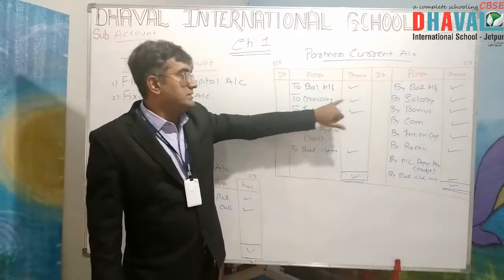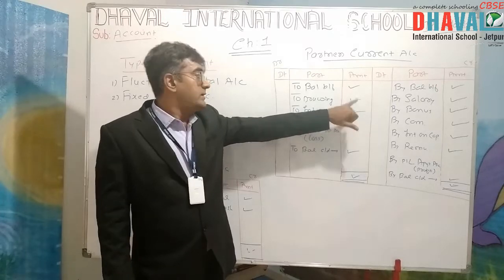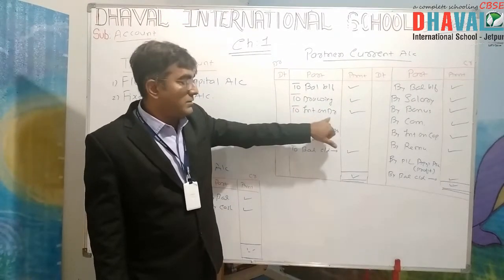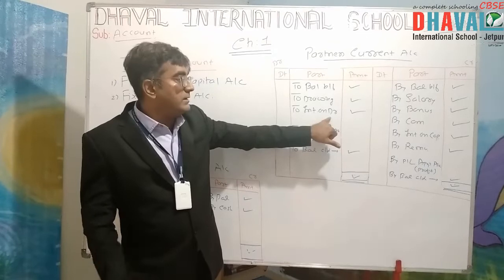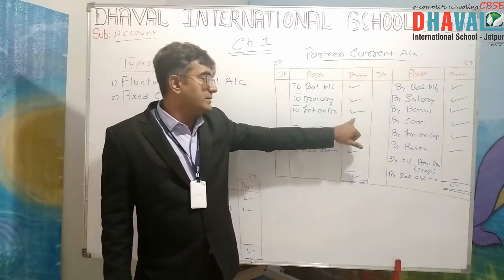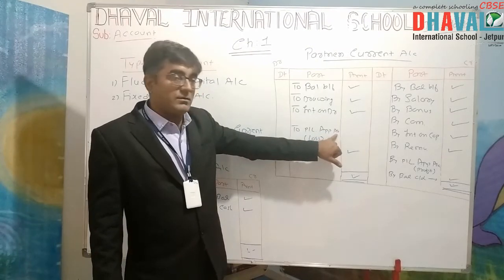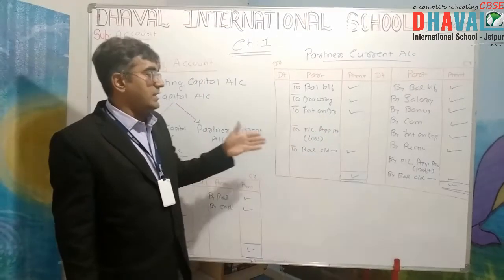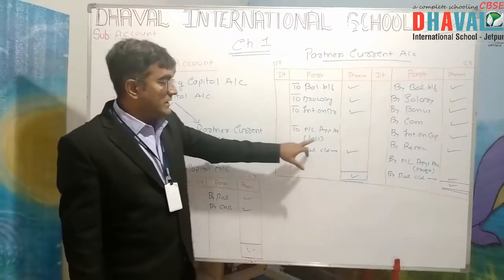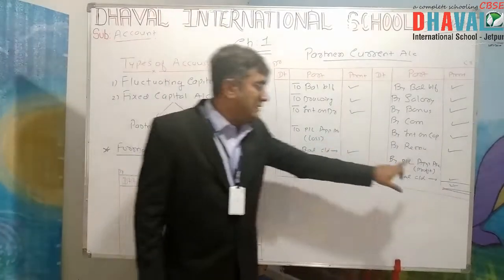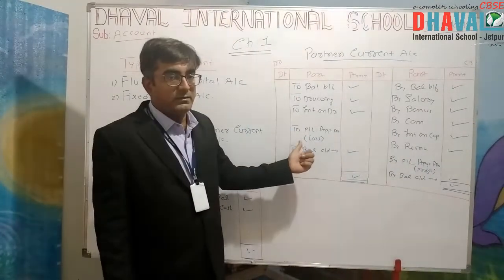So first we write drawings, the amount withdrawn by the partner, and interest on drawings, whatever interest is paid by the partner on drawings, we put on the debit side. Then to PL appropriation account, whatever loss we get, write on the debit side. If profit, then credit, and if loss, then debit.